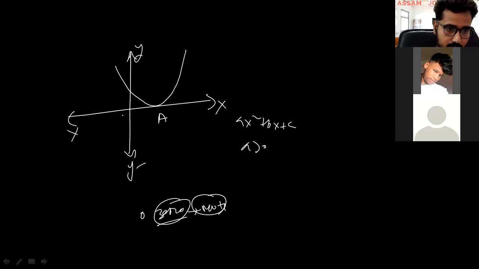Now if you look at the next graph, that means on page number 25, this is very important. In the exam, one graph will be given and you are asked how many solutions the polynomial has.